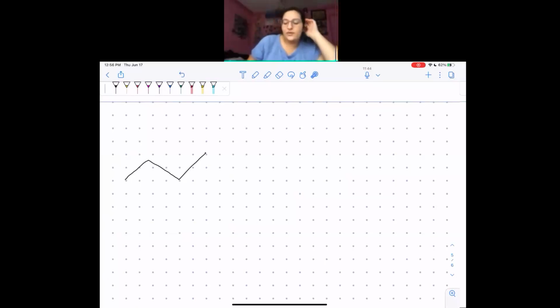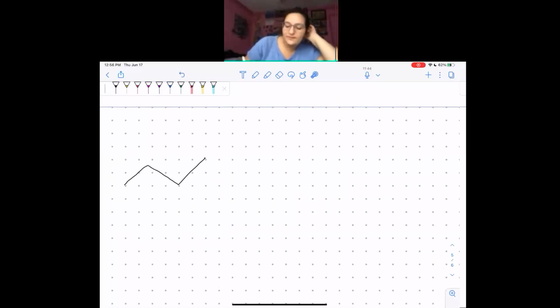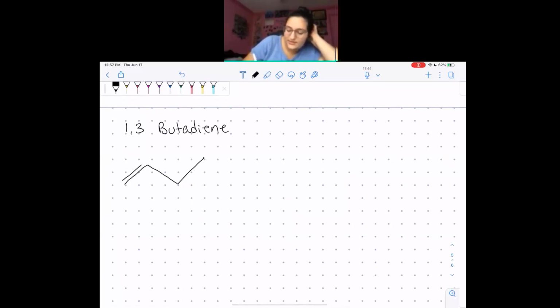But okay, so when we are doing molecular orbital theory, we're going to focus mainly on 1,3-butadiene, which I think is what he tends to call it. 1,3-butadiene basically just means that we have 1, 2, 3, 4 carbons, butene, and we're going to call it a diene because we have 2 double bonds.